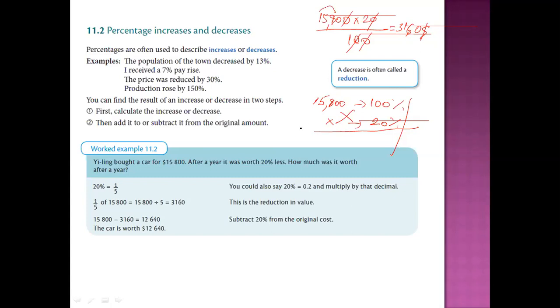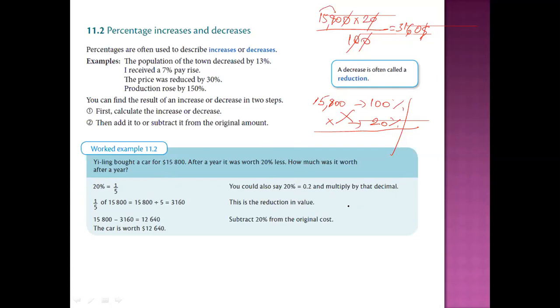So it's 20% of 15,800. What was the question? How much was it worth after a year? 3,160 is the 20% of 15,800. You could also say 20% is equal to 0.2, another way, and multiply by the decimal. This is the reduction in value. Subtract 20% of the original cost.